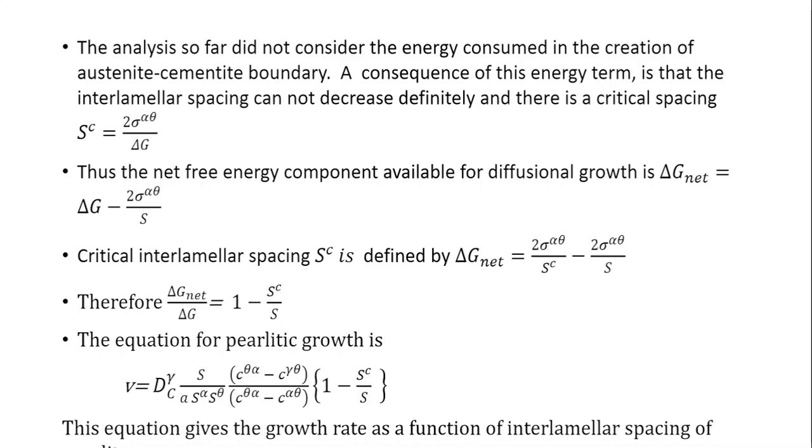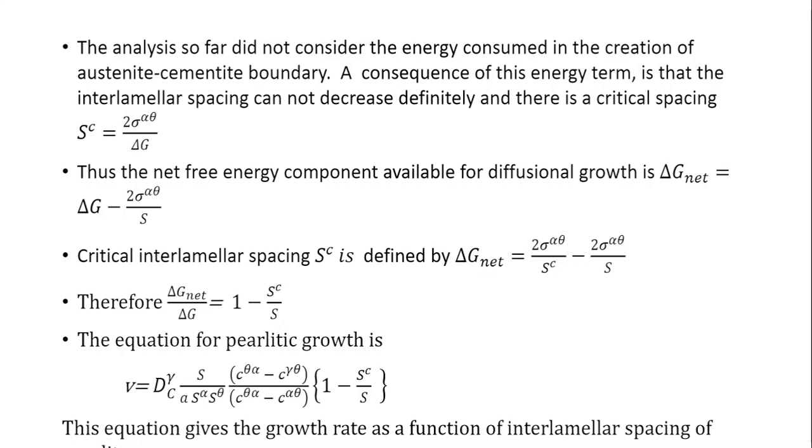Thus, the net free energy available for diffusional growth is delta G net equal to delta G, the overall chemical free energy difference, minus 2 sigma alpha theta by S.